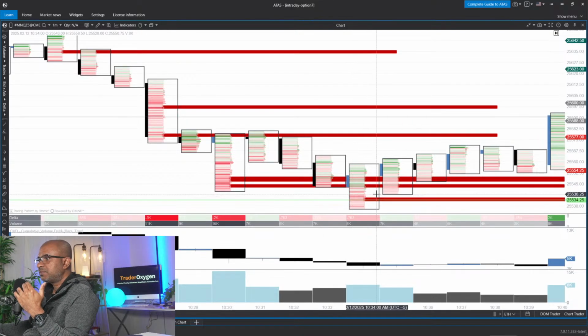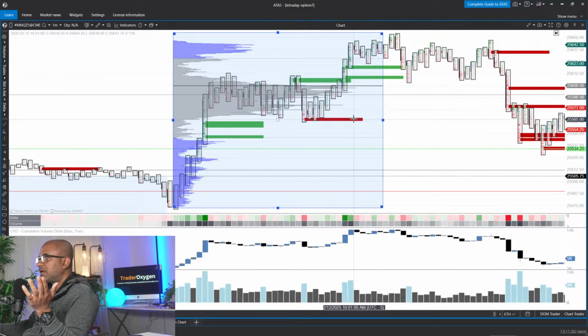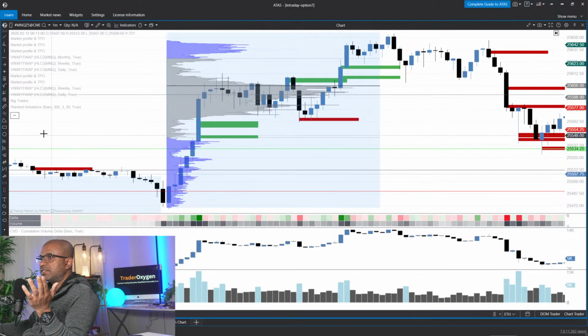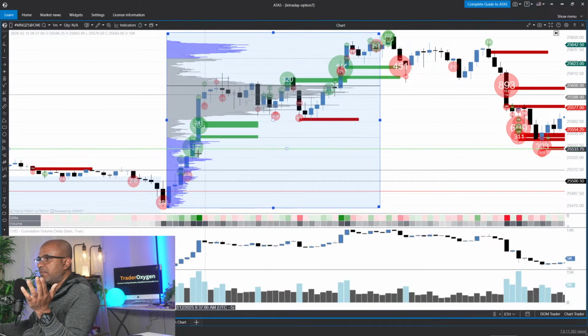In this retracement, you see aggressive sellers failing at a previous area of interest, which means the previous aggressive buyers were here. If I go back to the chart and put on the big trades, you can see this big green bubble over here.